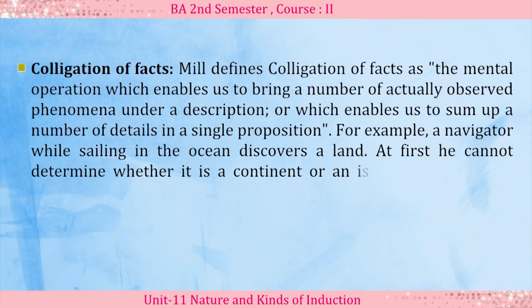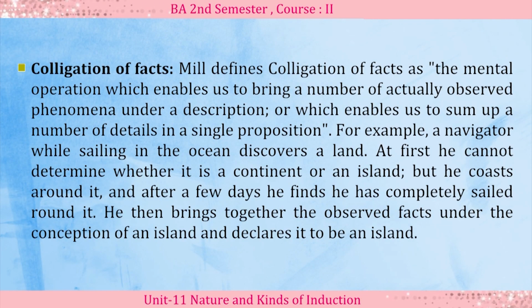Another kind is the colligation of facts. Now, what is the colligation of facts? J. S. Mill defines colligation of facts as the mental operation which enables us to bring a number of actually observed phenomena under a description, or which enables us to sum up a number of details in a single proposition. He has given one example.